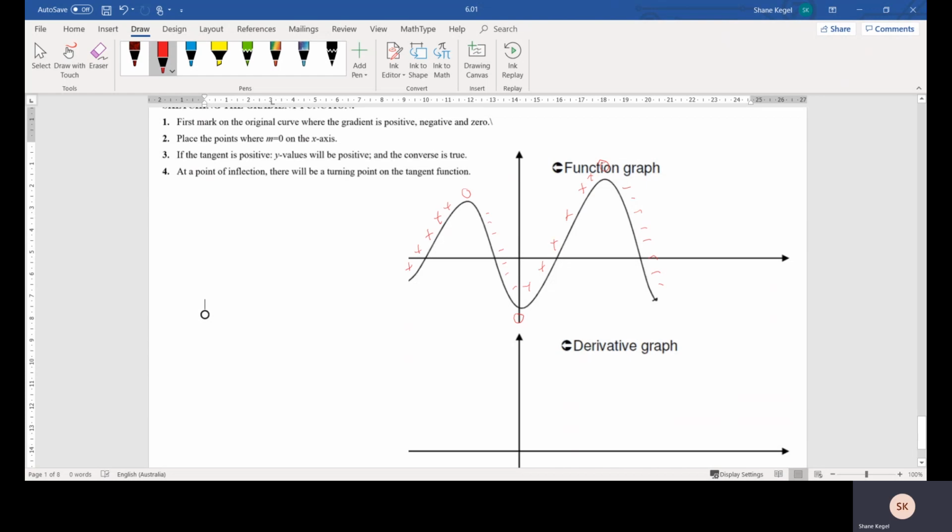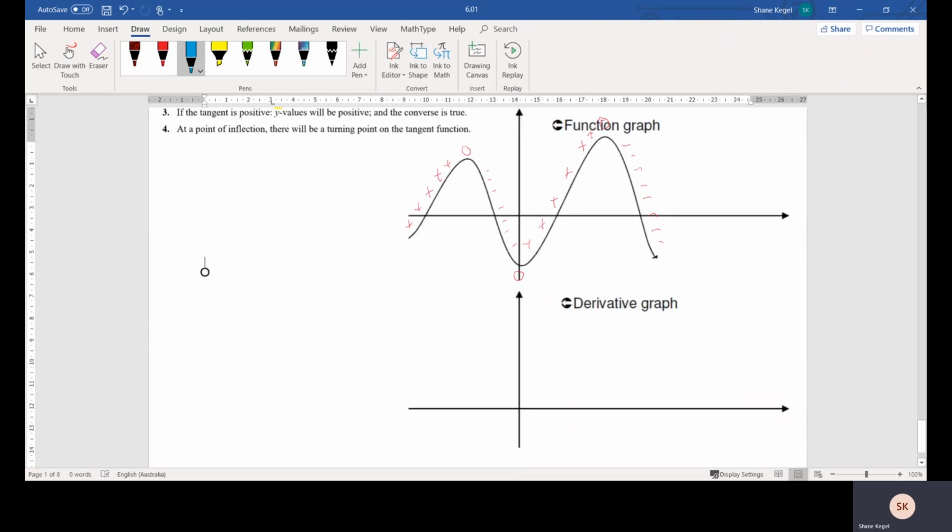I then place the points where m is 0 on the x-axis, and remember m stands for gradient. So where the gradient is 0 on our derivative graph, or our gradient function graph, I need to mark my zeros in. If I were to draw a line straight down, my 0 on my derivative graph would lie here.